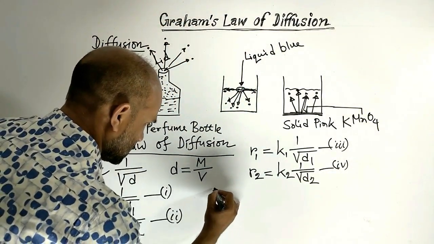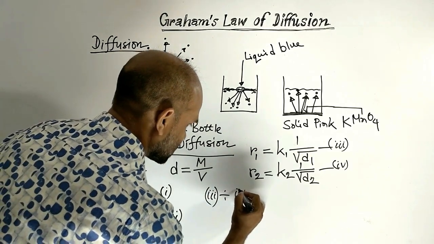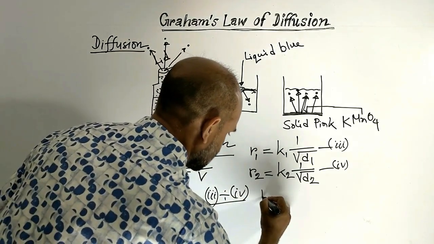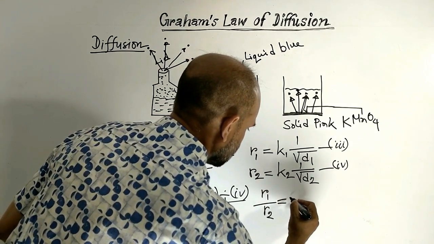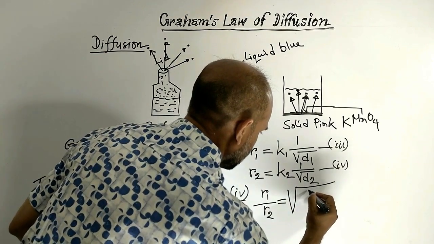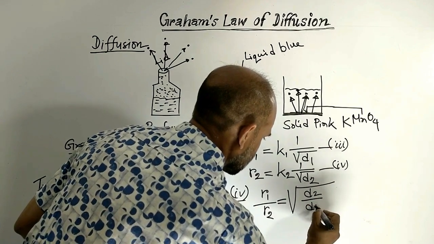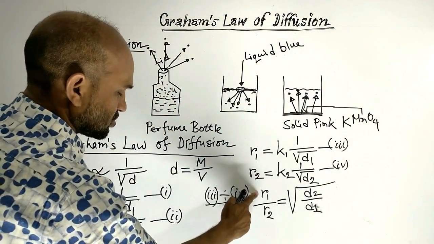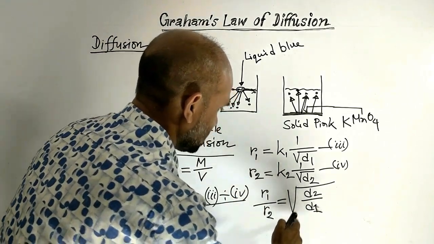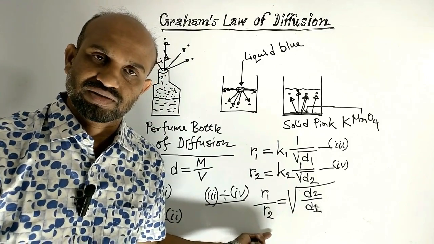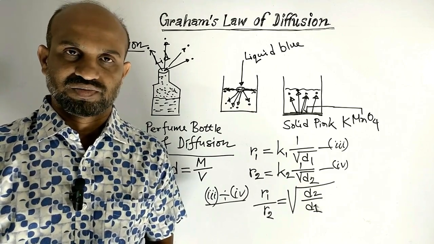Now, equation 3 is divided by equation 4. Then we get R1 by R2 is equal to root over d2 by d1. That is, rate of diffusion of any gas is inversely proportional to the square root of the density of the gas.